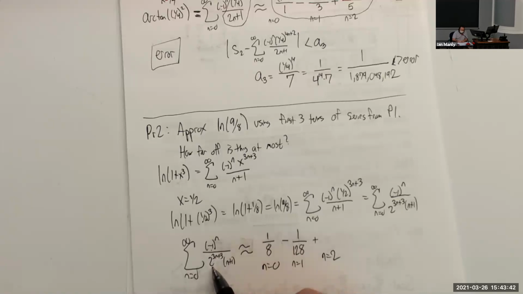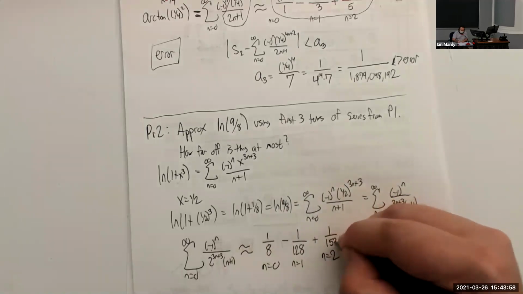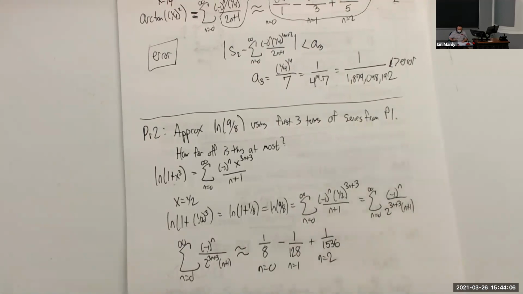I have 2 to the 9th power, which is 512, times 3 is 1536. But I think in the Canvas, it may be 2 to the 9th times 3. But that's what we get here.